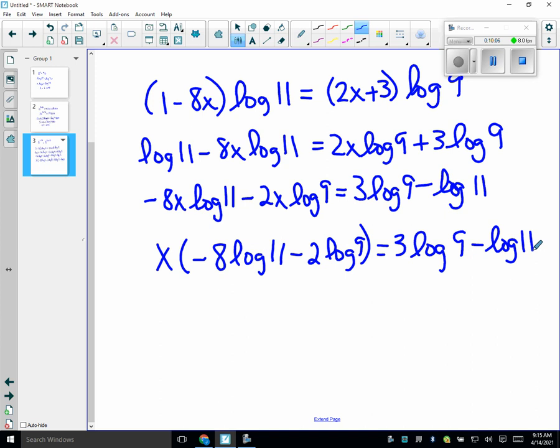Right? What would I divide by? This. So what does x equal? Divide 3 log 9 minus log 11 by negative 8 log 11 minus 2 log 9.